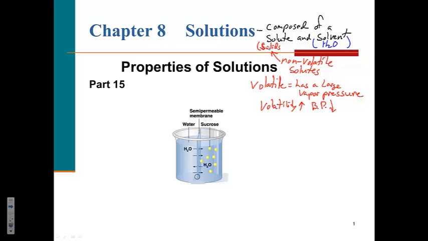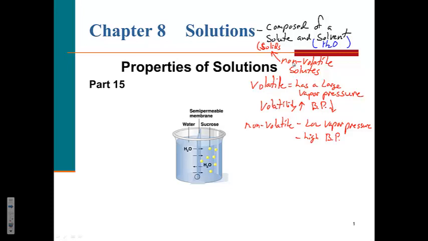So when we're talking about these solids here, they don't boil at room temperature. You can heat them up, they might melt, but it takes quite a bit to get them to boil, so they're non-volatile. Non-volatile simply means it has a low vapor pressure, and therefore a high boiling point.